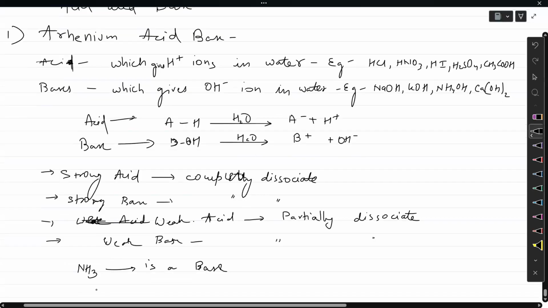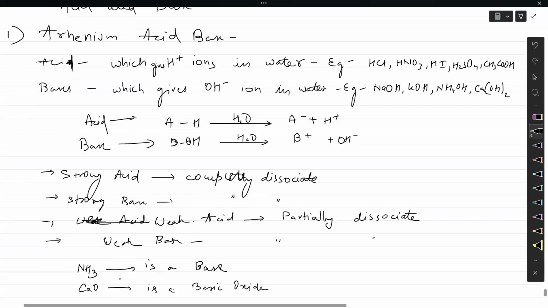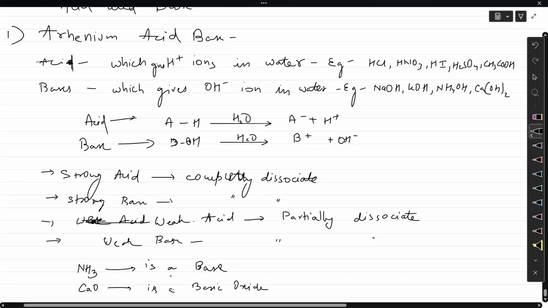Similarly, calcium oxide is a basic oxide, but since it will not give OH minus, Arrhenius did not consider this as a basic thing.